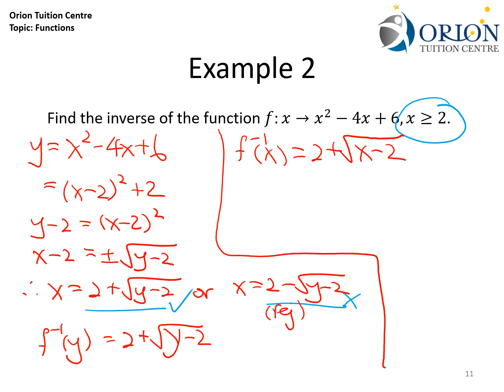And now we have to find out the domain. The domain in this case will be the range of f, which is the same as the domain: x must be more than or equal to 2. Therefore, I can finalize the entire question by saying that f inverse of x is mapped into 2 plus the square root of x minus 2 for x more than or equal to 2.